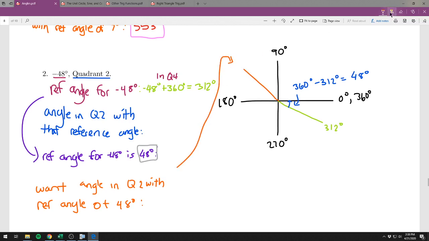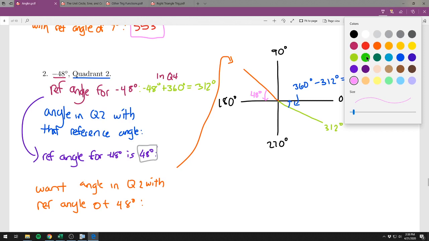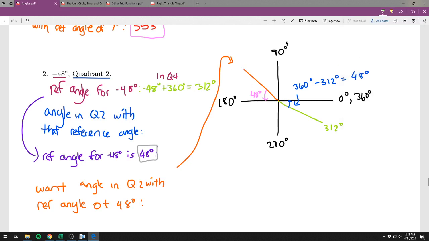Nothing specific, but the only thing we know right now is that our reference angle, so the angle between this and our x-axis, should be 48 degrees. Now think to yourself, how should we compute this angle? Well, our orange angle here is behind 180 degrees by 48. So this would be 180 minus 48, which is 132. So the second answer here is 132 degrees.